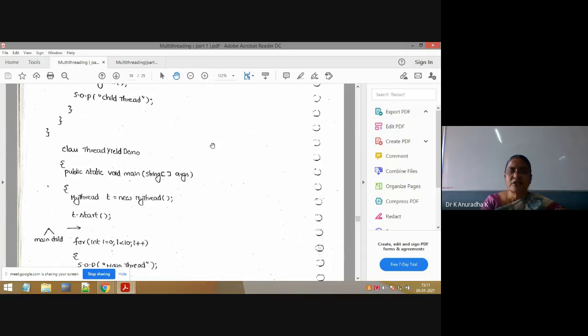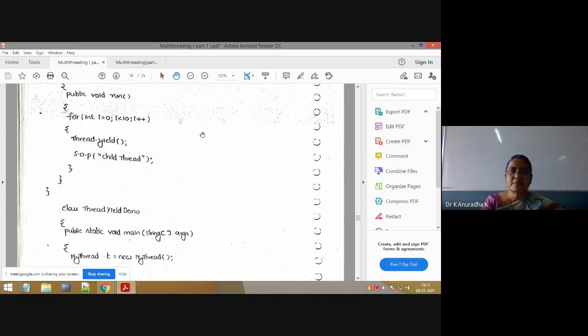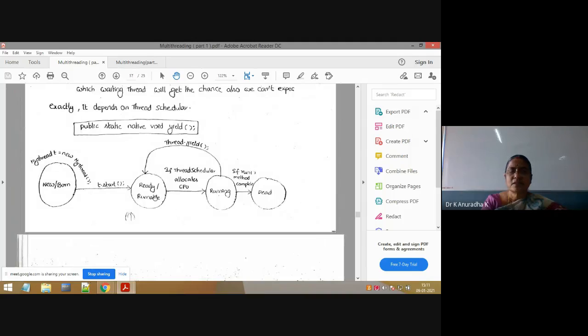With respect to this diagram also we can explain. In the ready state or the waiting queue, we have 2 threads: the main thread and the child thread. Inside the child thread, I have written Thread.yield. What does it mean? Suppose the child thread gets the CPU, then it goes to the running state.